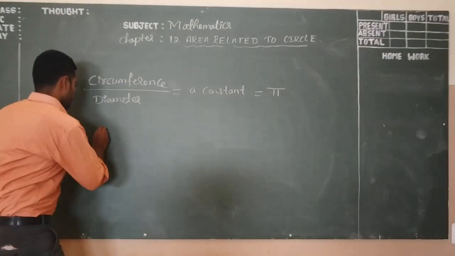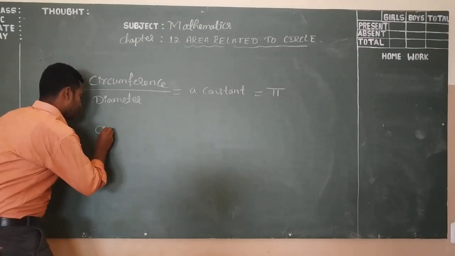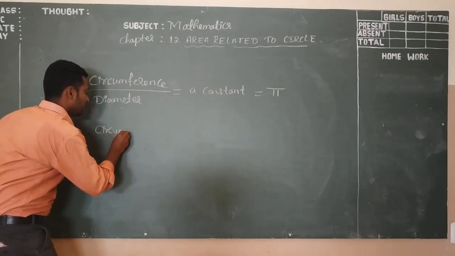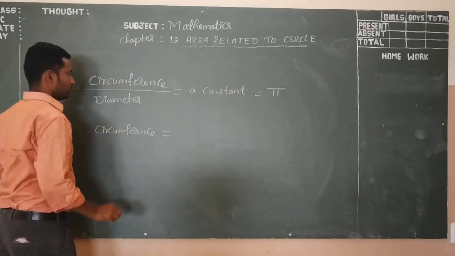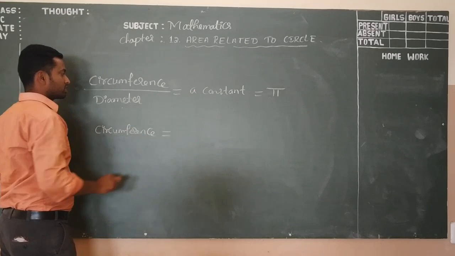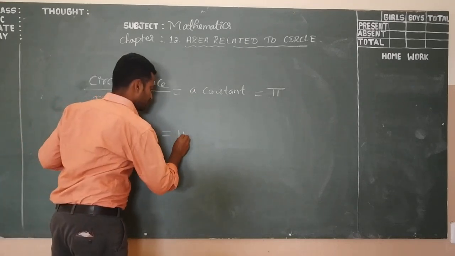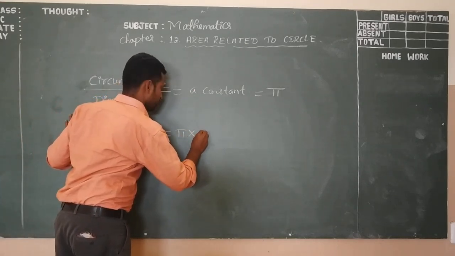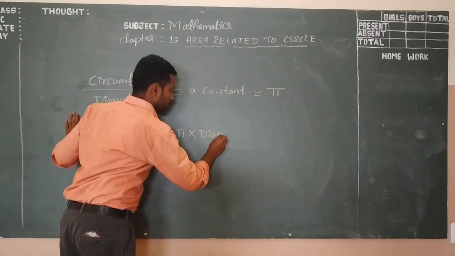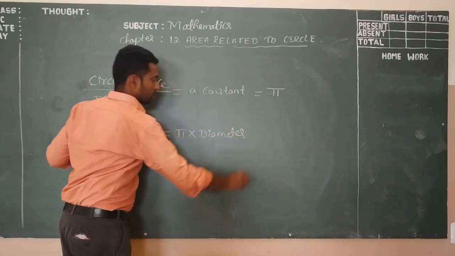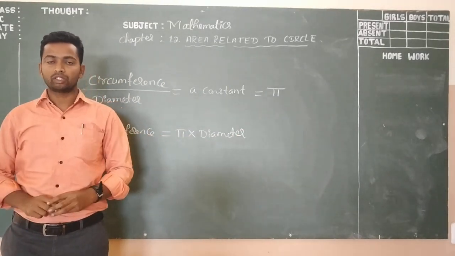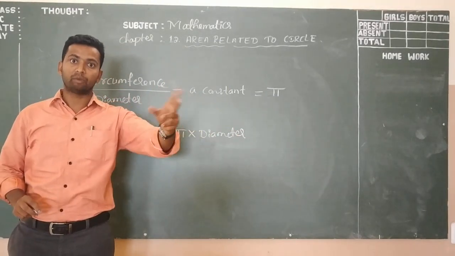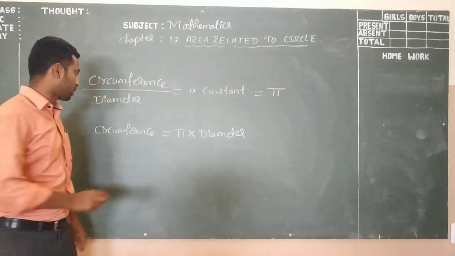If you want to calculate the circumference of a given circle, you use a formula: by cross multiplying, circumference equals pi into diameter. From the earlier class, the diameter is twice the radius, that means d equals 2r.